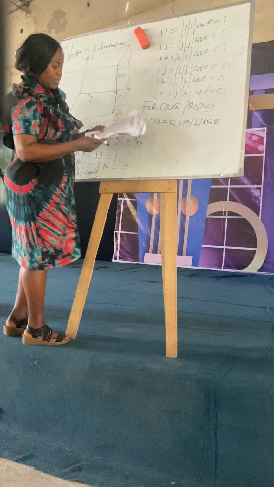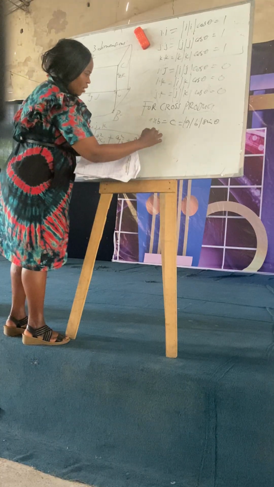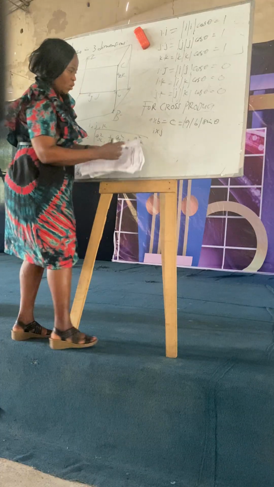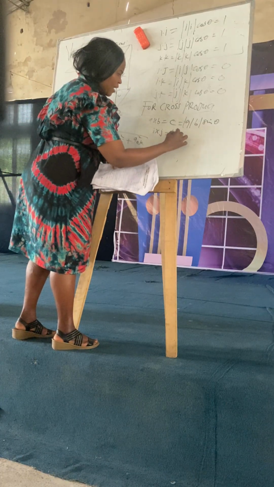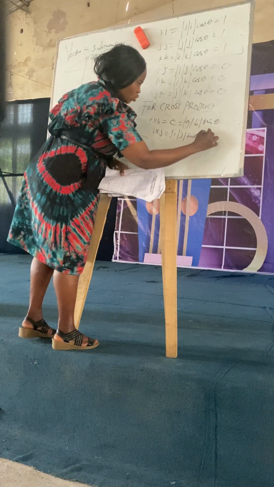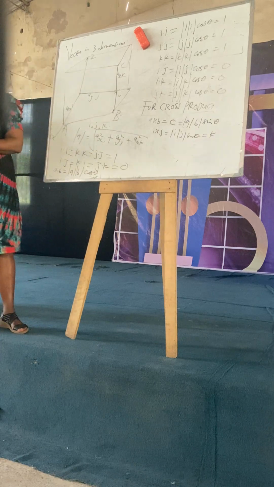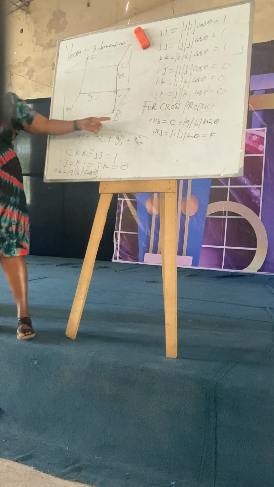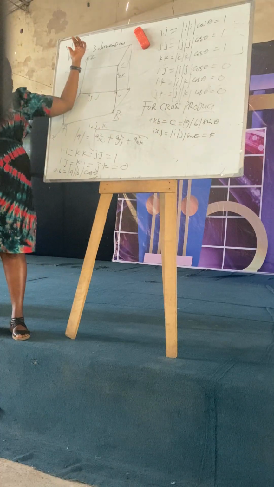Also, for the unit vector, we can have I cross J, which is equal to modulus of I, modulus of J, sine theta, which will be equal to K. Remember that the modulus of those two vectors gave us another vector K, another vector C. Now we are applying it to the unit vector.